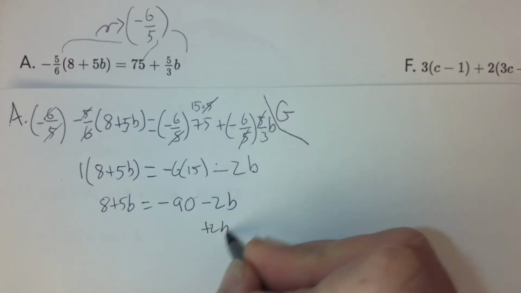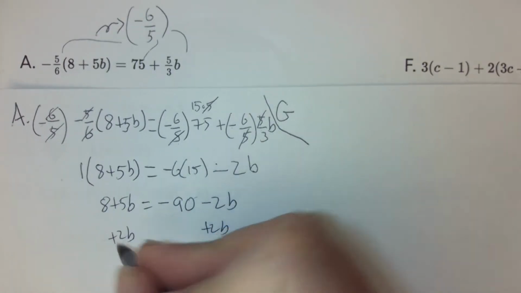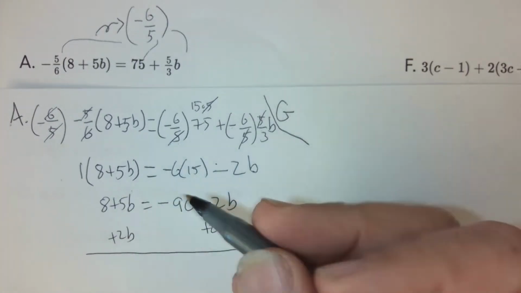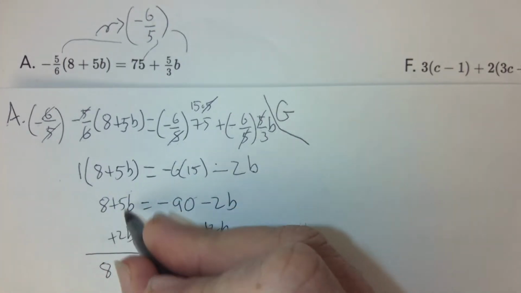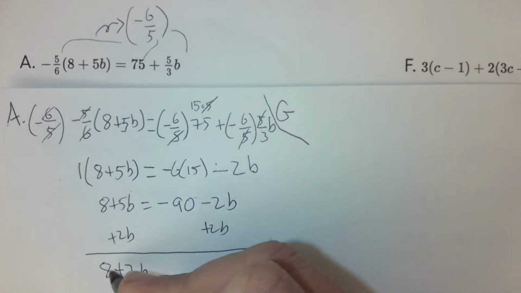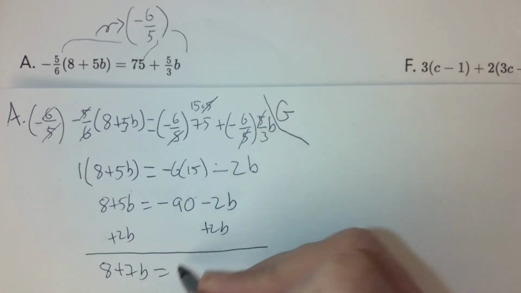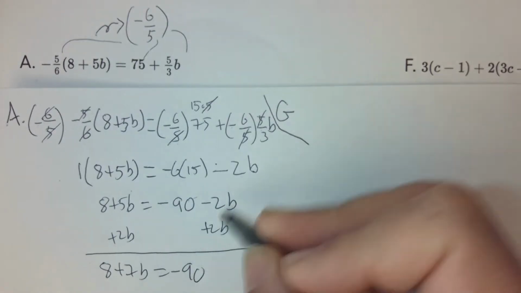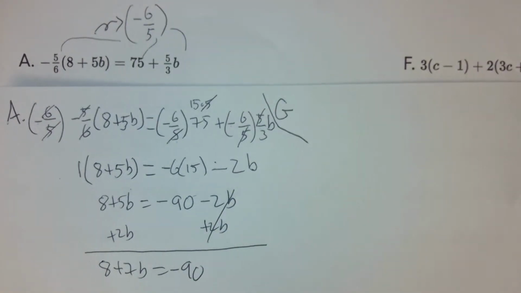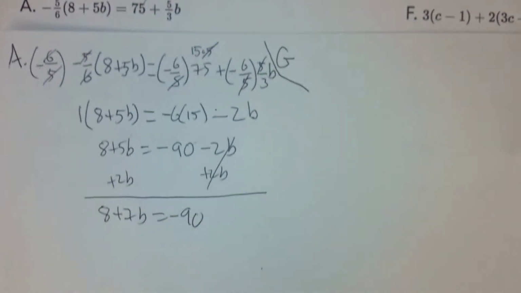I'm going to add 2b. I'm going to add 2b. Here, this becomes 8. 5b plus 2b is 7b. 8 plus 7b equals negative 90. This cancels, becomes 0.